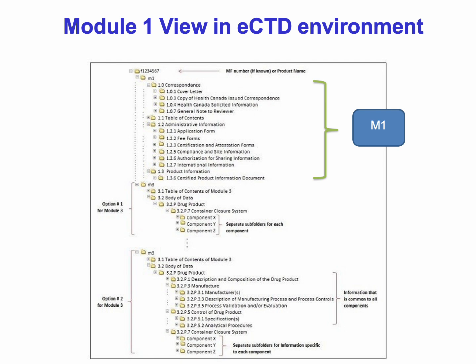Then we have a table of content. We have module 1.2, administrative information, module 121, application form. This is where we're going to put the form HSC 3011 for Health Canada. Of course, this form is now filled out online, but you still have some training courses where we are given the form 3011 to complete just for the sake of training.